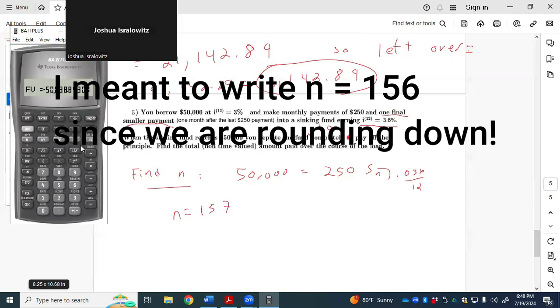You have more than 50,000 at the end. So I'm telling you the scheme is you have 250 payments and one last smaller payment, to exactly reach 50,000. Here you're reaching more than 50,000.